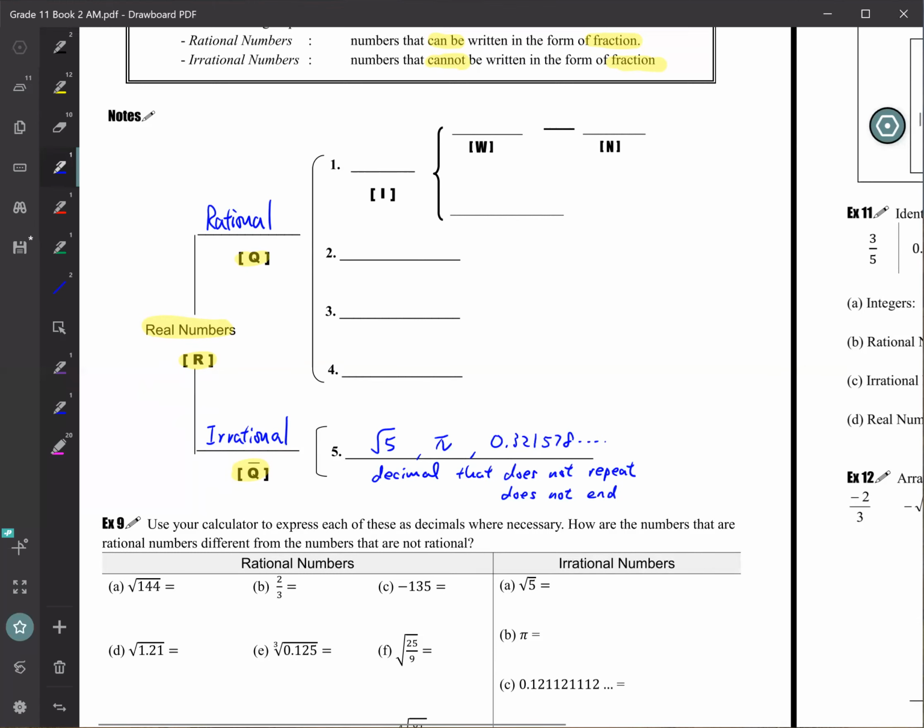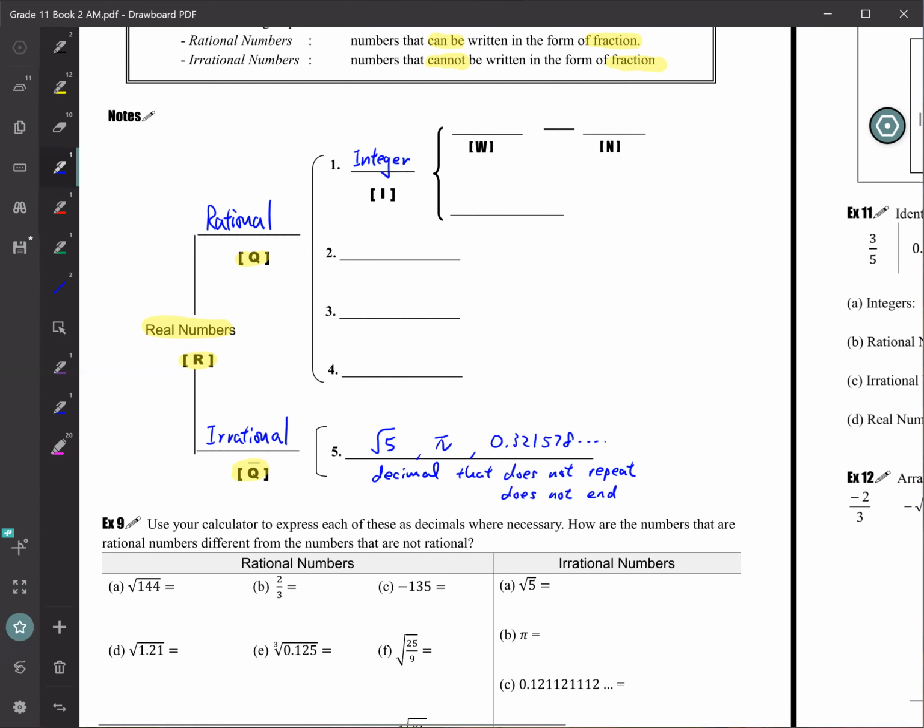Inside the rational, we have something we already covered at the beginning. We have the integer, which is the I, including the negative side, the positive side and the 0. And whole number, does anyone still remember? Nathan, what's whole number? Whole numbers are like 0, 1, 2, 3, 4, 5, 6. Very good.